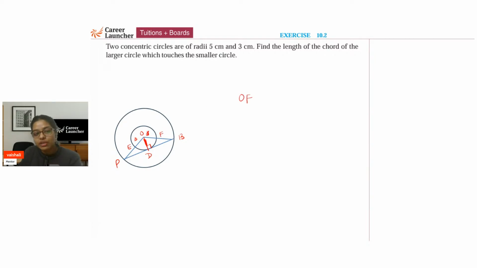So OF is equal to OE, which is equal to the radius of the smaller circle, which is what? 3 centimeters, and that of OB and OP, this should be equal to the radius of the bigger circle, which is 5. So in this case, पूछा क्या जा रहा है exactly is find the length of the chord of the larger circle which touches the smaller circle.